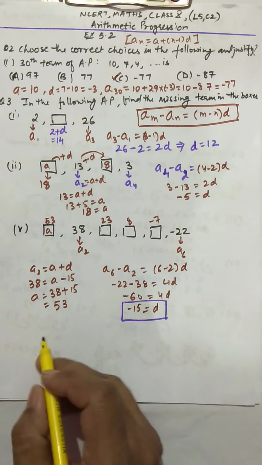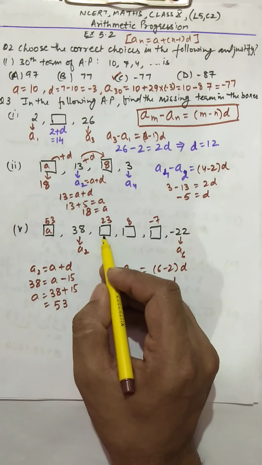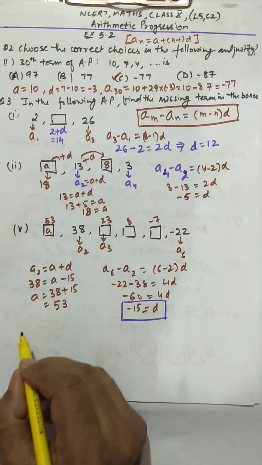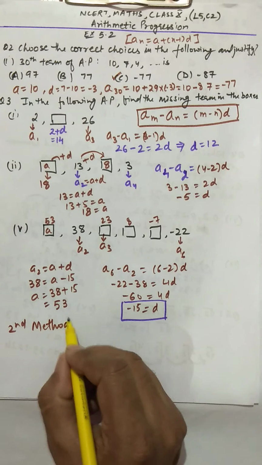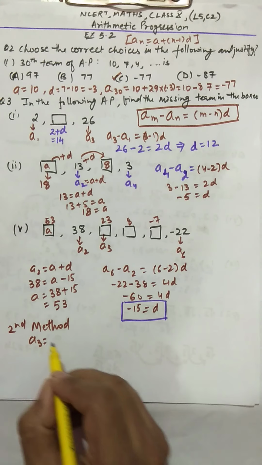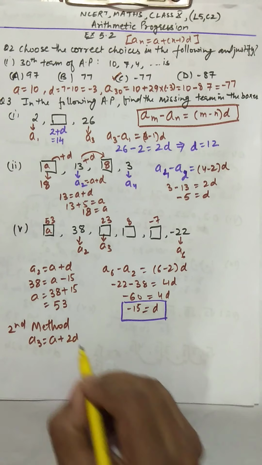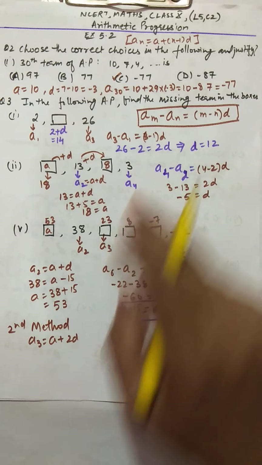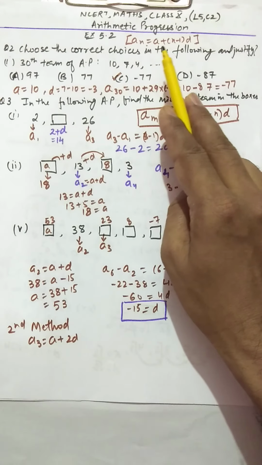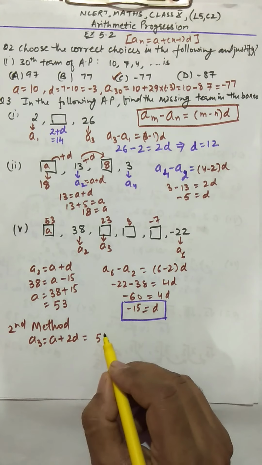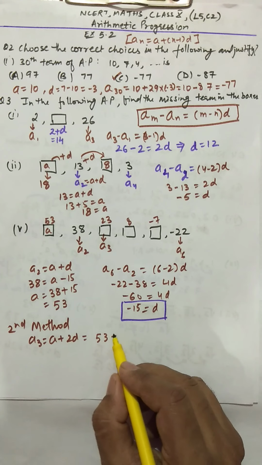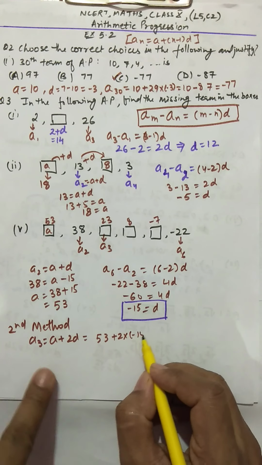But if some of you want to use the formula, for example, this is your A3. This is my second way, with the help of the formula. A3 is A plus 2D. This is the general term formula, an equal to A plus (n minus 1) D. So put all the values. A is 53 and D, 2 into minus 15 you do.